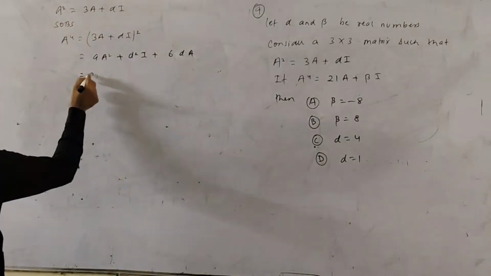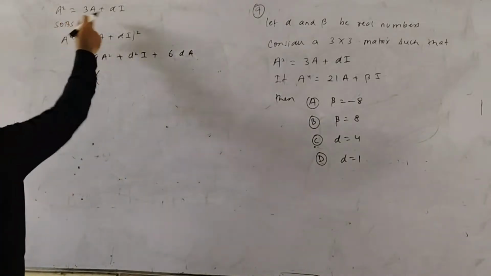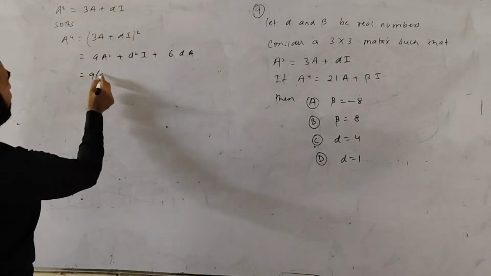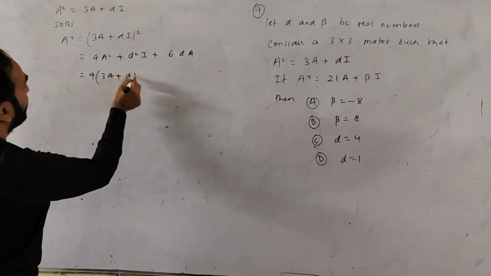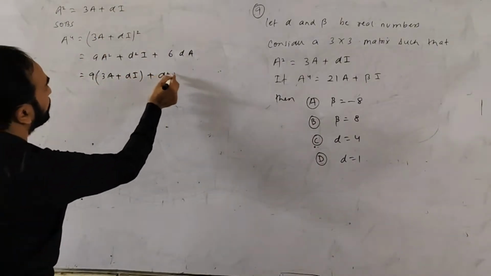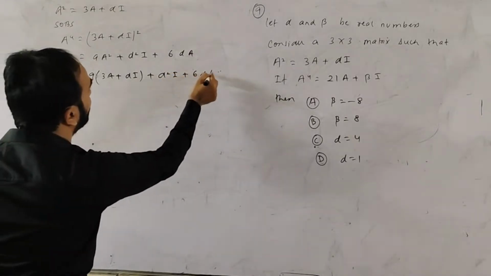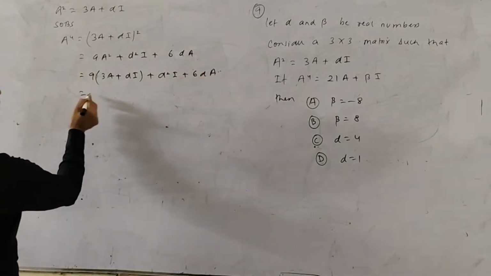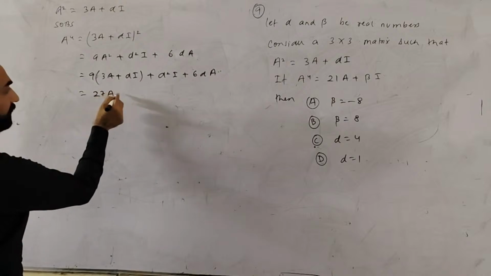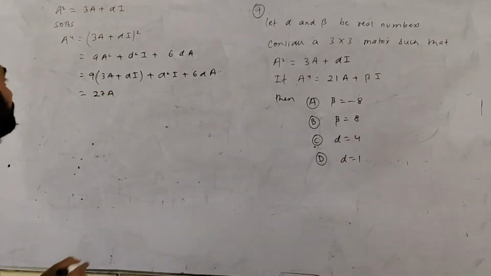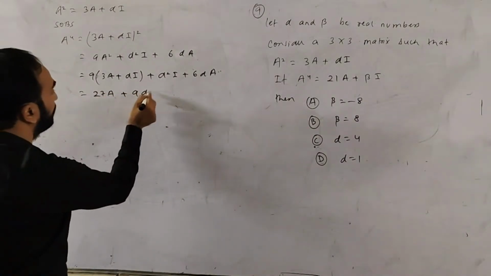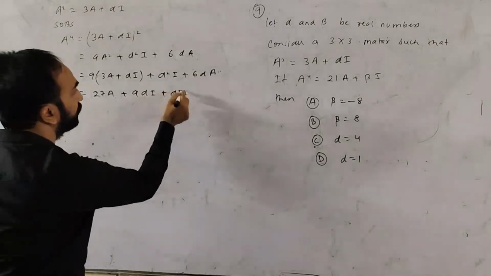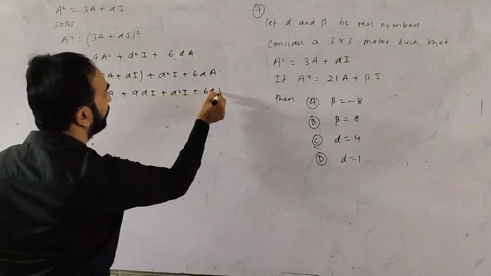We can replace A square by 3A plus alpha I, and here it is alpha square I, and this is 6 alpha A. Now if I multiply, this will become 27A plus 9 alpha I plus alpha square I plus 6 alpha A.